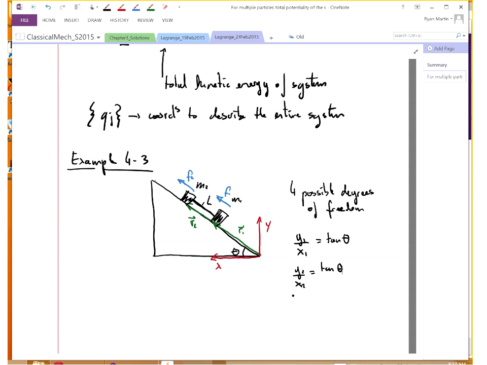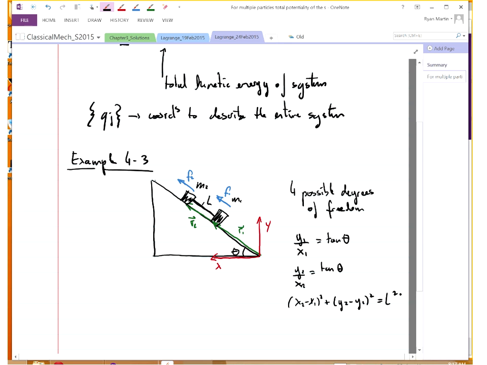And then there's one more constraint. I could write it as (x2 minus x1) squared plus (y2 minus y1) squared is equal to L squared.